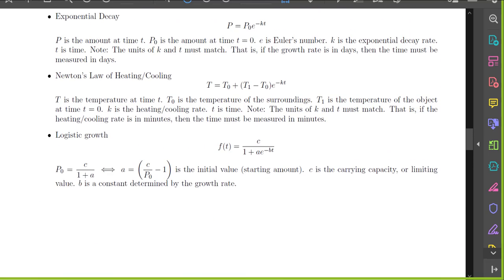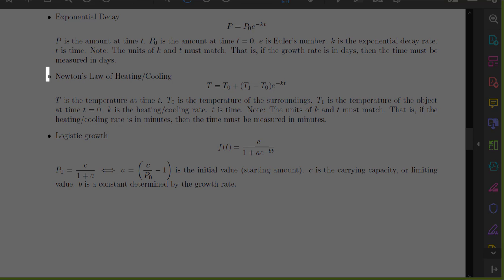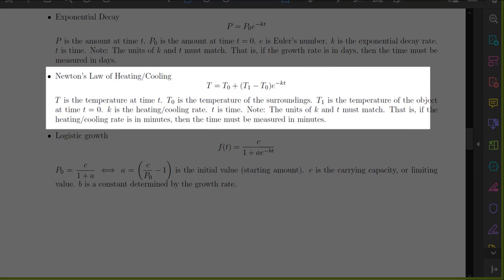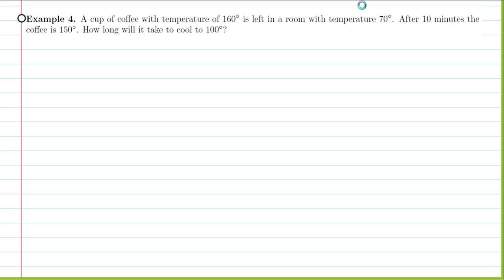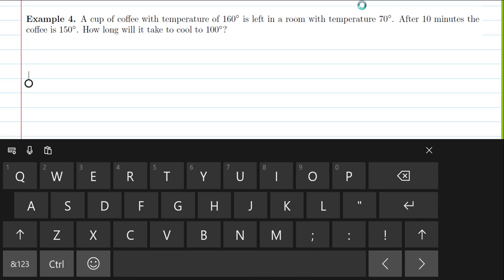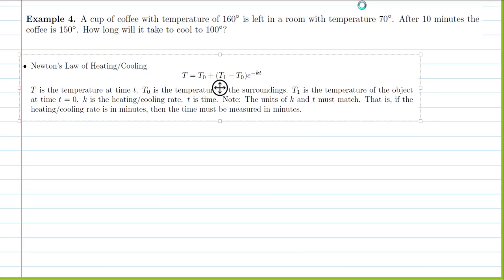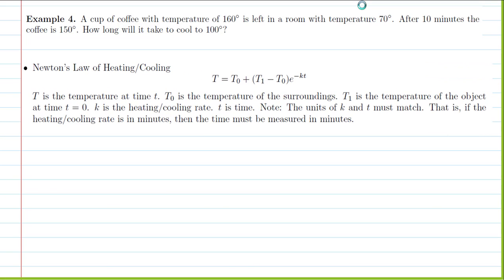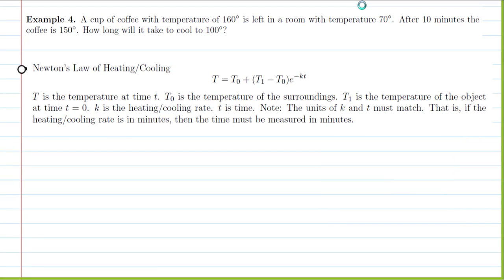So this time, we're going to be using Newton's law of heating and cooling. In this case, our coffee is getting colder, not hotter, so we'll be using a cooling law. And in this one, we have to pay attention to our subscripts.